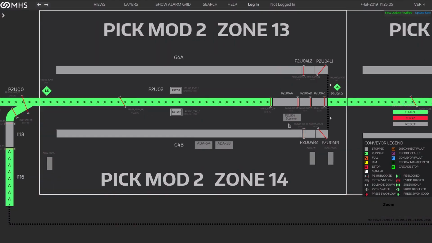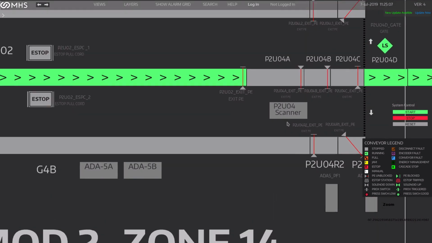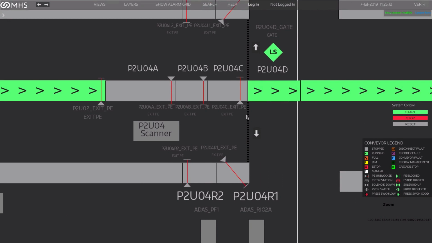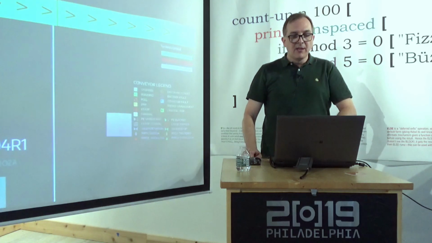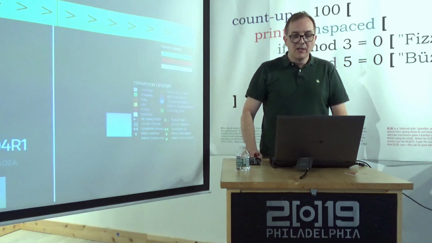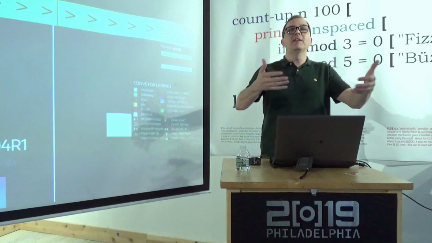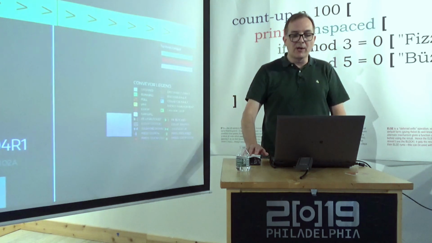Let's see here, if I zoom in a little bit more. You'll notice when I was farther out, you weren't able to see all these field devices like the scanner and the photo eyes and such. That's part of the semantic zoom. As I zoomed in, as I clicked in and got deeper, these things kind of appeared out of nowhere.